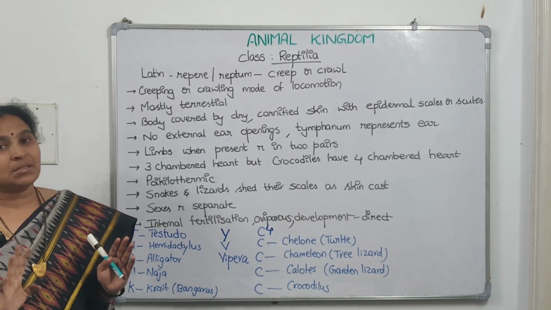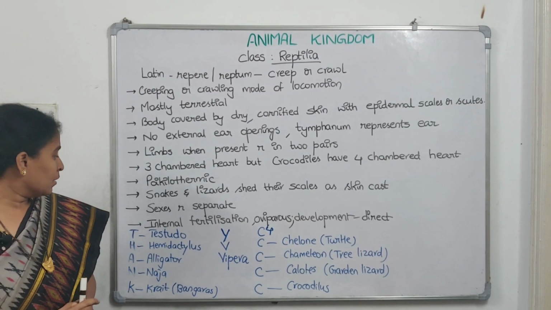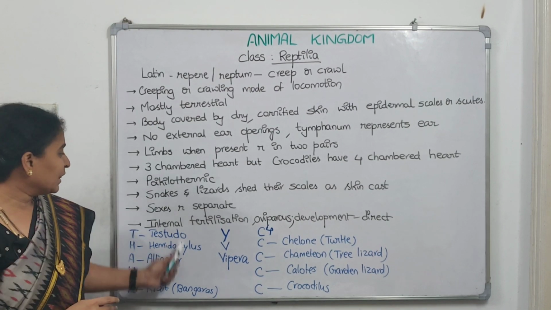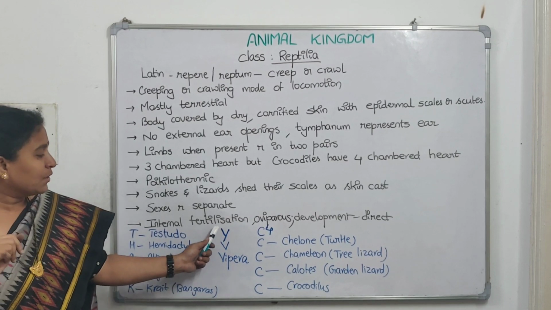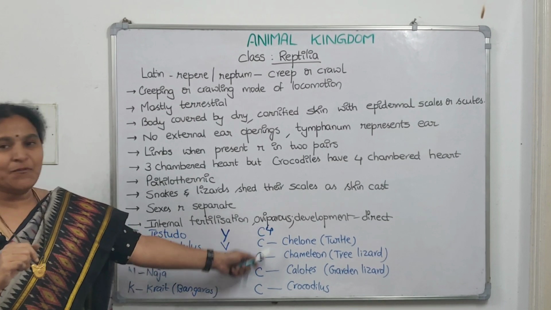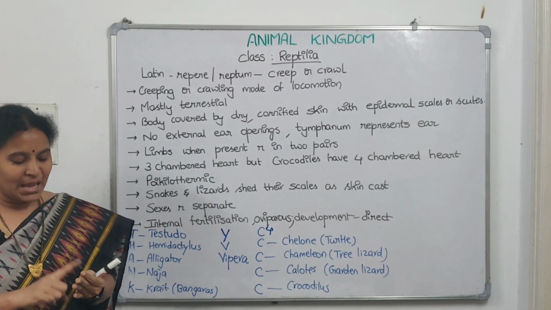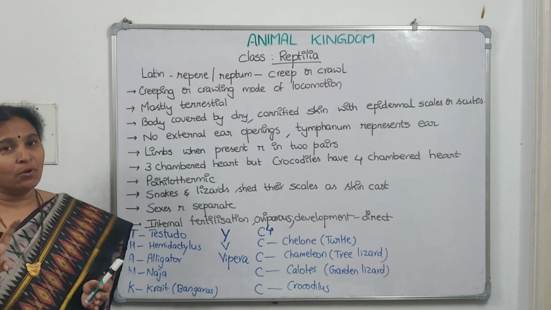Now, how to memorize the examples of Reptilia? The code I have made is "thank you C4". Y converted into V, U converted into V, and C will come 4 times.